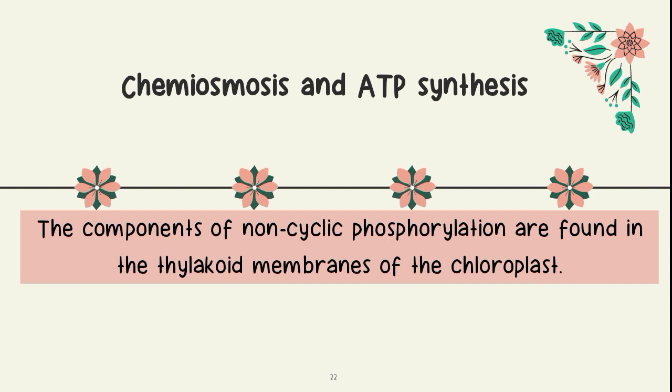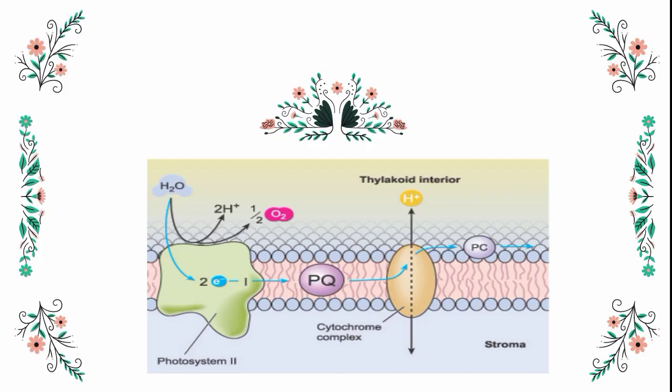So, chemiosmosis and ATP synthesis. The components of non-cyclic phosphorylation are found in the thylakoid membrane of the chloroplast. Electrons passing through the transport chain provide energy to pump H+ ions from the stroma across the thylakoid membrane into the thylakoid compartment.